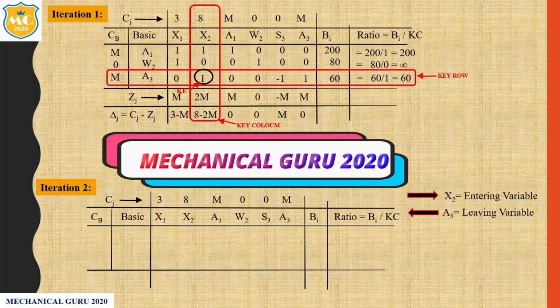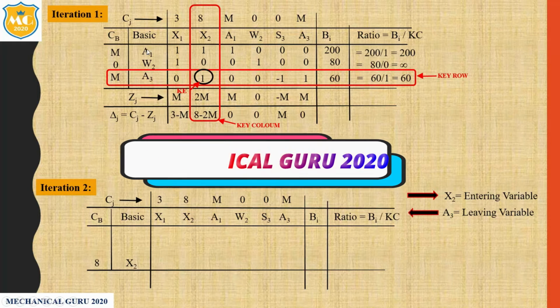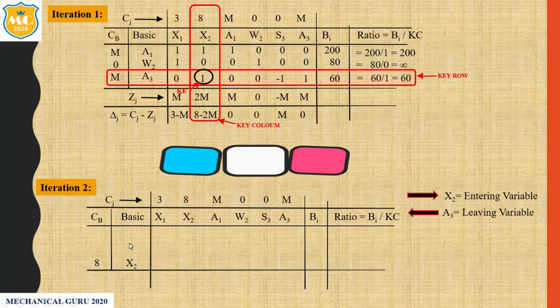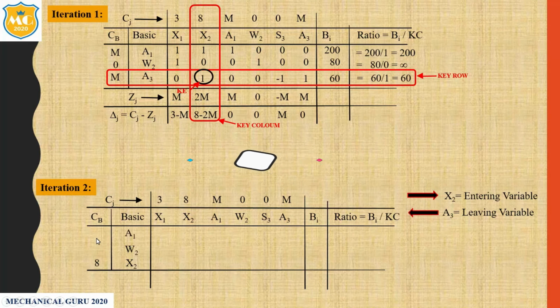So in that we have to replace this value m and a3. In that we have to write down this value 8 and x2. Remaining two variables, that is a1 and w2, just we have to write down as it is. Similarly, cost also as it is.